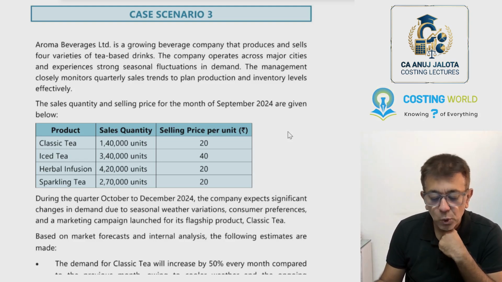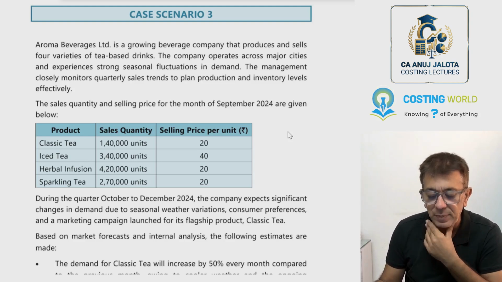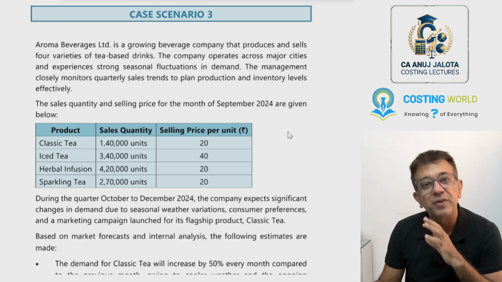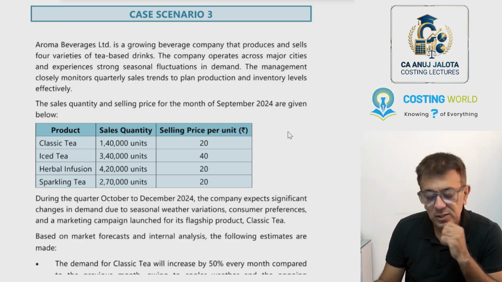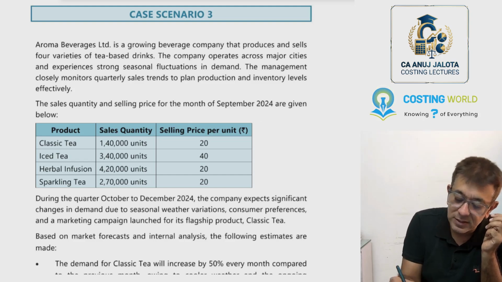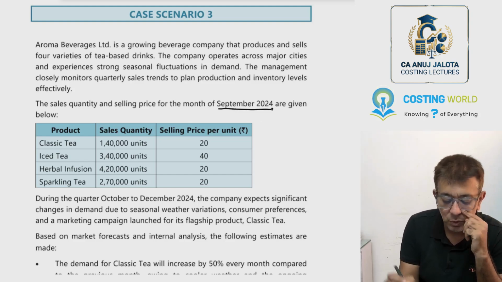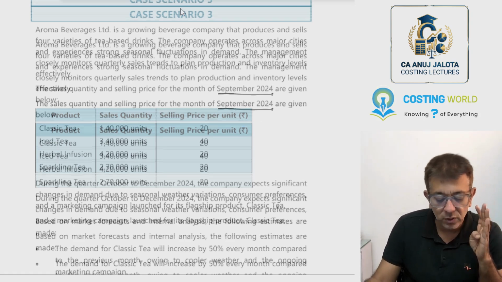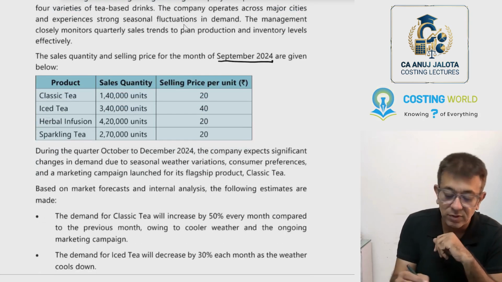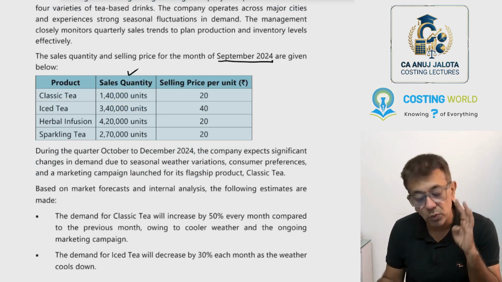The management closely monitors the sales trends to plan production and inventory levels effectively. The sales quantity and selling price for the month of September, I want you all to underline this line, September 2024, is given below. So you have 4 products: classic tea, iced tea, herbal infusion and sparkling tea. The selling price is given, and this is the sales quantity sold.